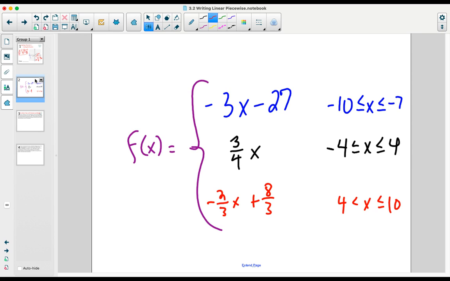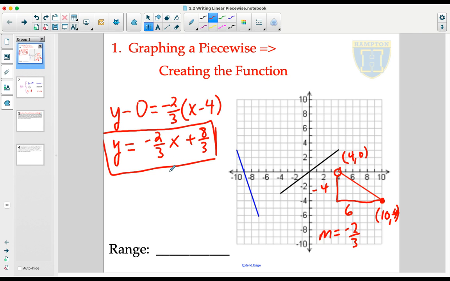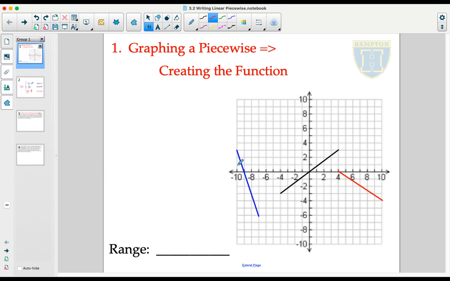Before leaving this example, it's worth mentioning the range of this example. If I clear out all of my drawing, you'll see that we have a low end of the line segments right here, and you'll see that we have a high end right here that matches this high end here. Before we write our range, we want to make sure that we cover everything that's in between those two high end and low end. Thanks to the blue line segment, I get everything.